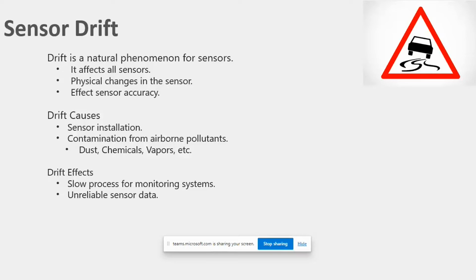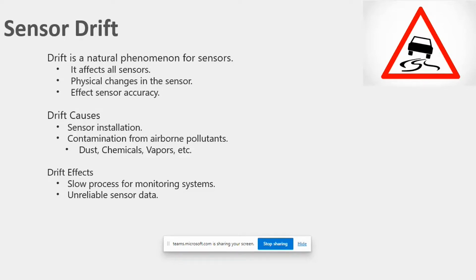So there are a lot of sensors in a line which can be affected by the drift. It can also cause physical changes in the sensors, and it affects the sensors' accuracy.